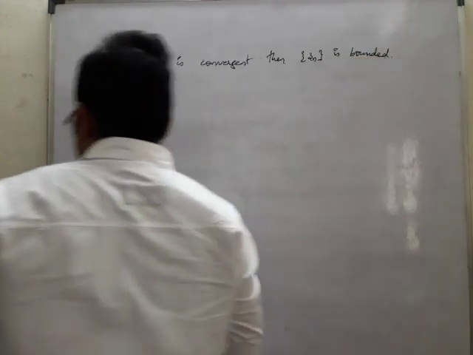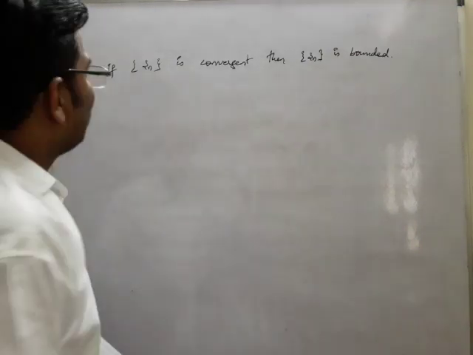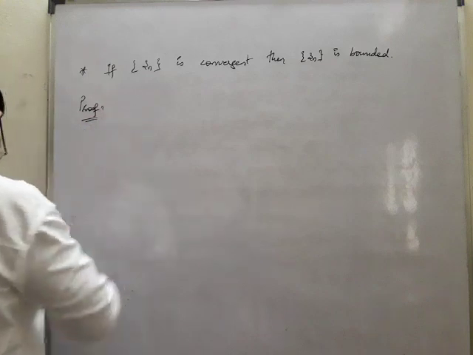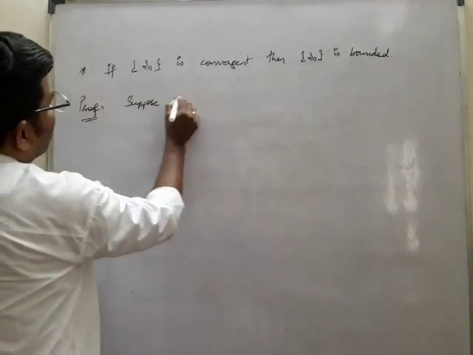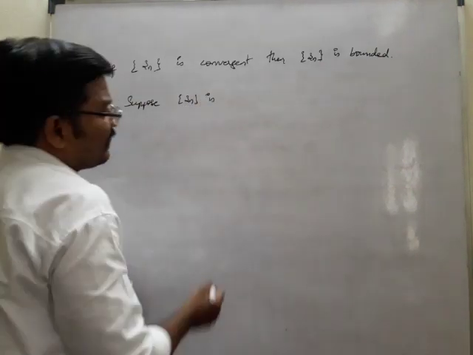We need to prove that if zn is convergent then the sequence zn is also bounded. Now the small proof is in this form. Suppose a sequence zn is convergent.